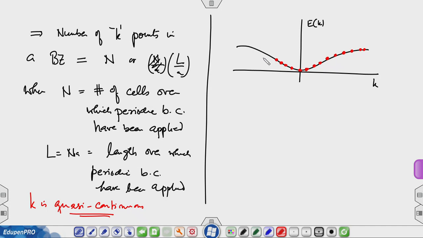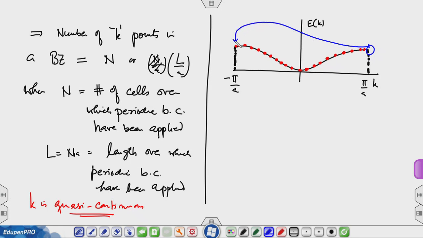Notice that I have not made it at the last point on the right hand side, and here I am going to make it at the last point. So, here it is, minus pi by a in 1D, pi by a here. I did not make this last point because this is equivalent to this.